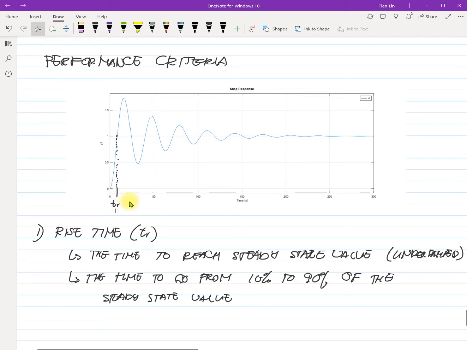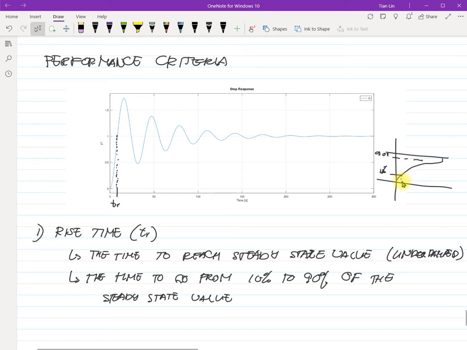For an overdamped system, so if this is the overdamped system, the time needed to reach 10% of this, if this is 10%, up to 90%.